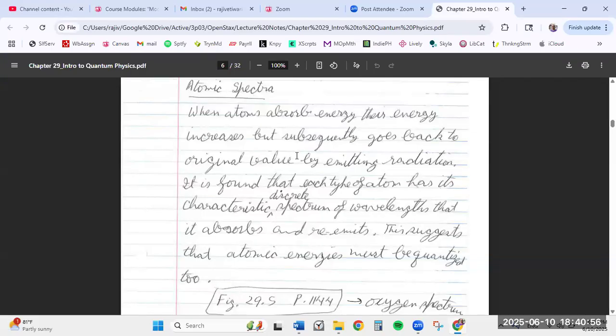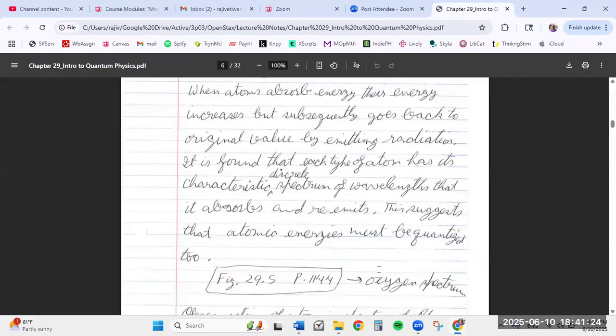But they can remain at this higher energy level only for a period of time, and then subsequently they fall back to the original value of their energy. In doing that, they emit back the radiation that they had absorbed, or they emit back the energy that they had absorbed.